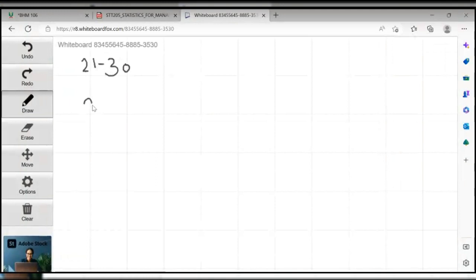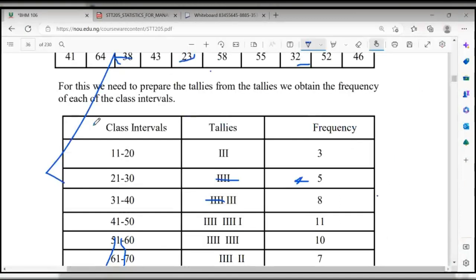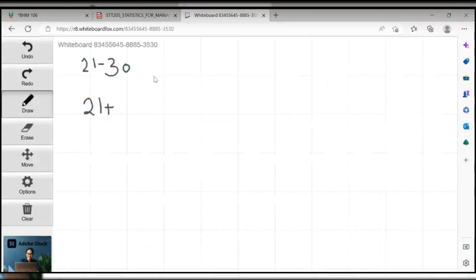Now, this is the lower class limit, so you write it out, 21, plus the higher or upper class limit of the preceding interval. In this case, the preceding interval is 11 to 20, and 20 is the upper class limit here. So you just say 21 plus 20, which equals 41.